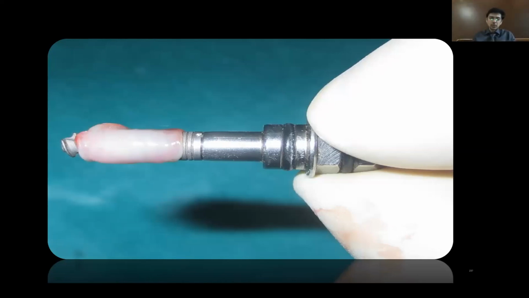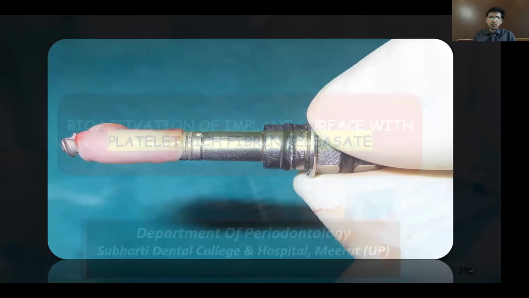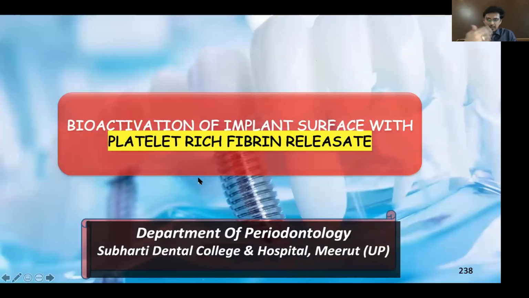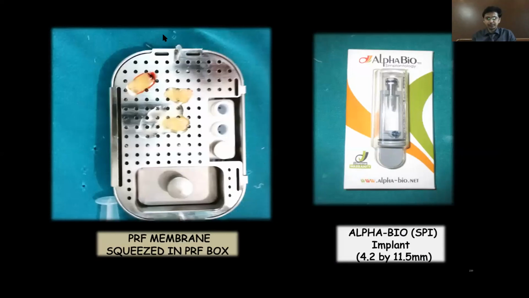In the next step of research, we went a step further. Instead of the PRF membrane, we used PRF releasate, meaning you take PRF and squeeze the membrane. That membrane you can use later for soft tissue healing: once you have placed the implant, you can place the membrane over it and suture the flap over the top. The healing will be better.